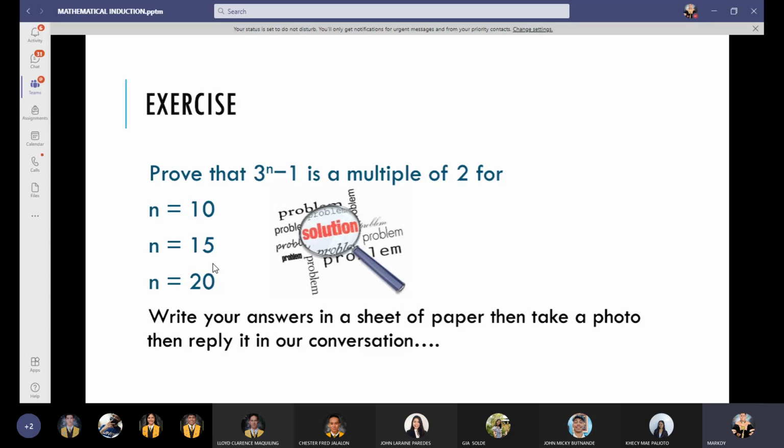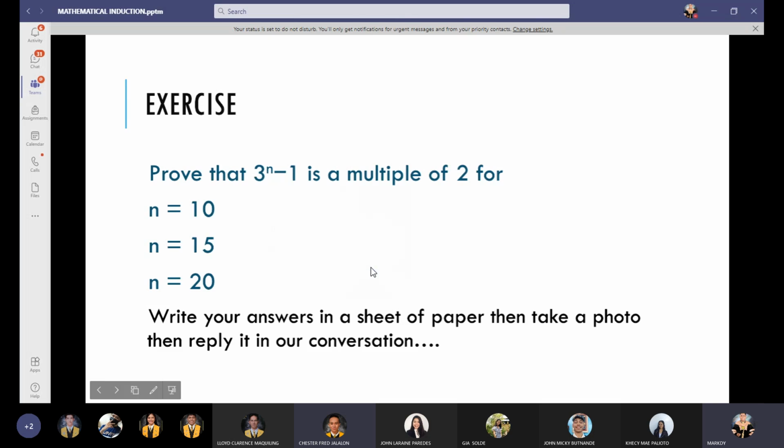Meaning to say, there will be three given values of n. So you have n is equal to 10, n is equal to 15, and n is equal to 20. Okay, I'll give you time to work on that one. Yes, Chester Fred. Okay, no problem, sir.